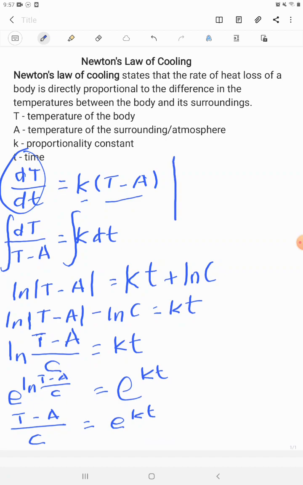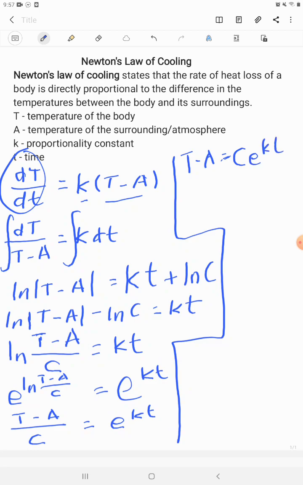And then this becomes T minus A equals, transposing c to the other side, c e to the kt. Then we transpose A to the other side in order to have T on the left side as the variable we are looking for. So T equals A plus c e to the kt.